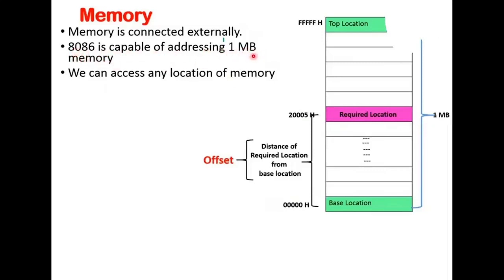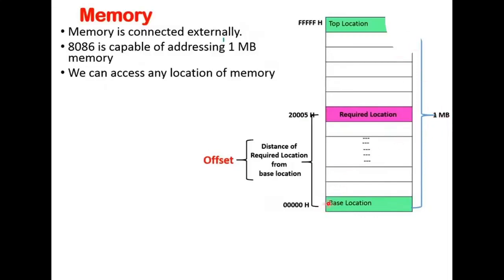So 1 MB memory means each address consists of 20 bits. We can access any location of memory. See this one, here we have so many registers. A group of registers is nothing but memory, right? So here one memory location, here one memory location, like that we have so many memory locations. So total size of 1 MB.